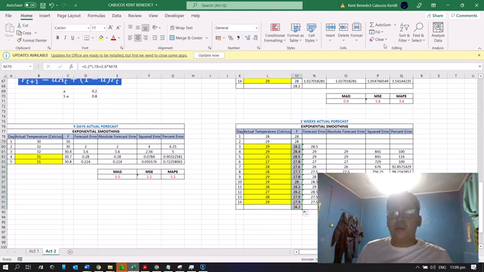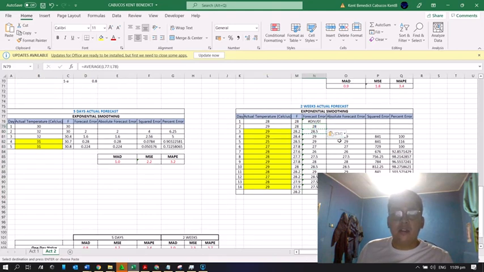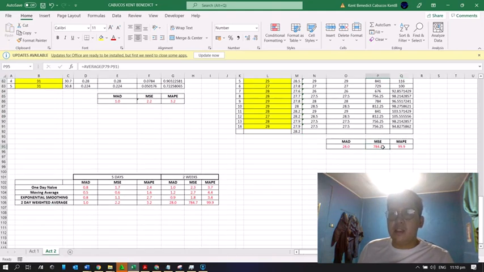So that's the forecast error. Sorry for that. Forecast error. For squared error. For percent error. We're just going to change our MSE.